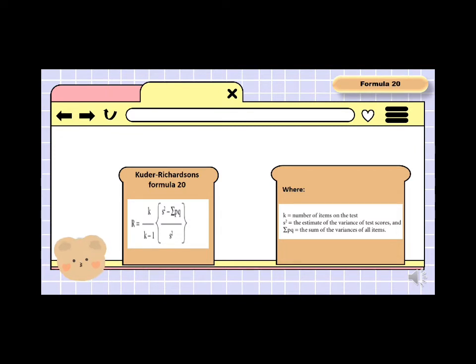So this is r equals K over K minus 1, times the quantity s squared minus sigma pq over s squared, where K is equal to the number of items on the test, s squared is the estimate of the variance of test scores, and sigma pq is the sum of the variances of all items.